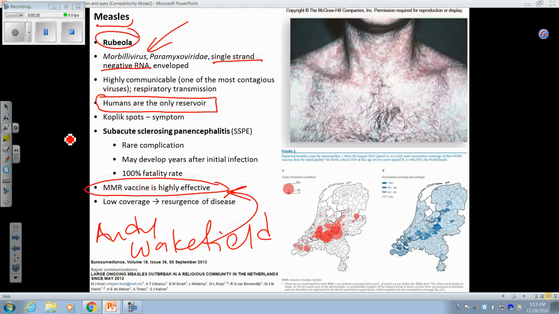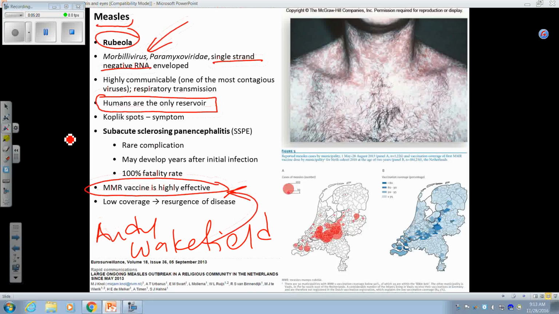So it's really, really important to vaccinate to stop the transmission. Okay, and another complication that can arise from the measles infection is subacute sclerosing panencephalitis, which I understand is the tongue breaker, but SSPE is the brain infection.